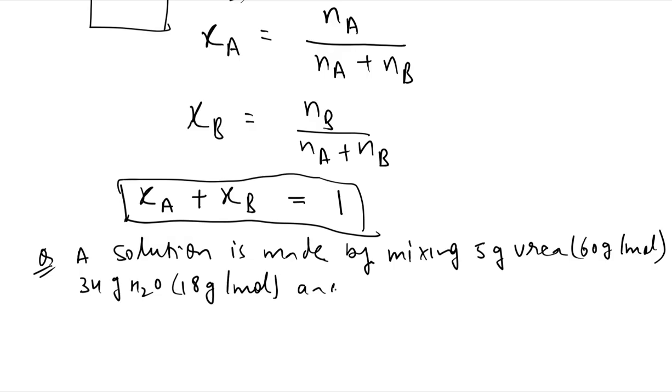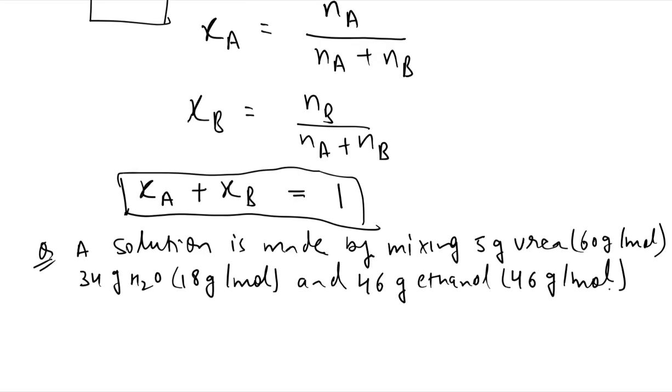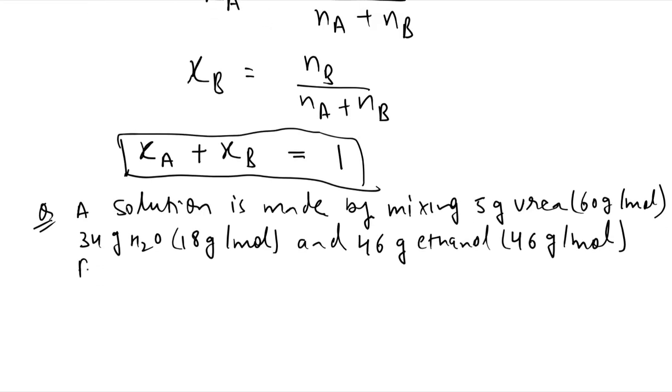And 46 gram of ethanol, its molar mass is 46 grams per mole. It is a typical question. Normally this is the component ratio that is being provided. Find the mole fraction of urea.